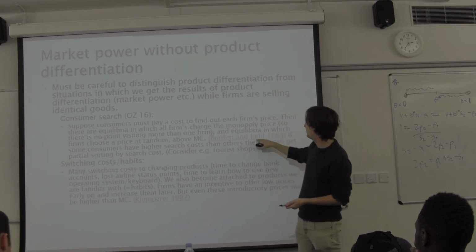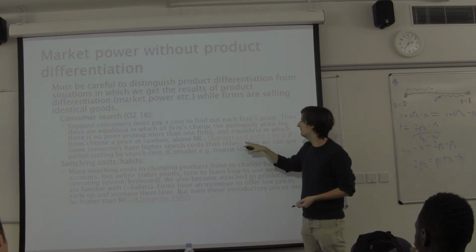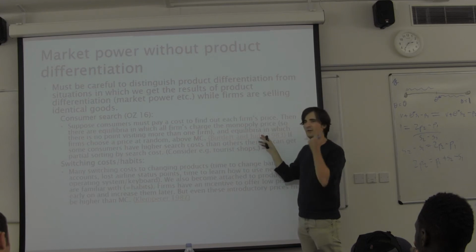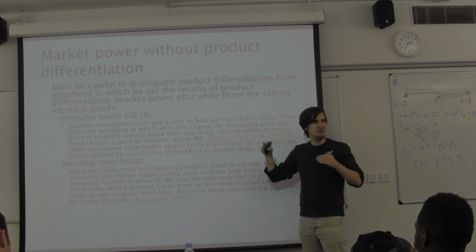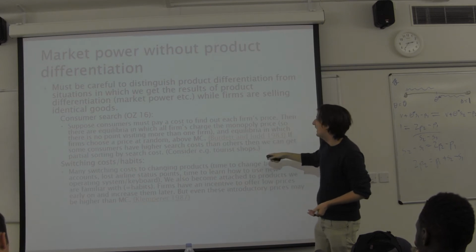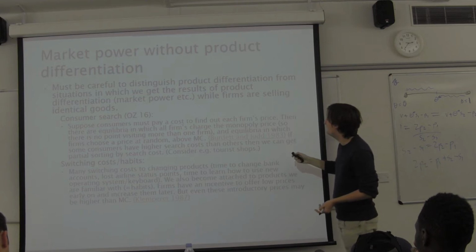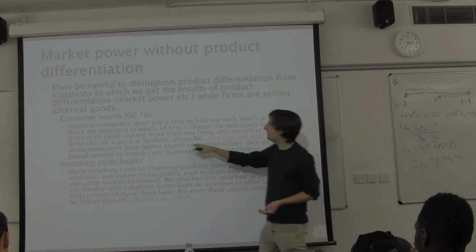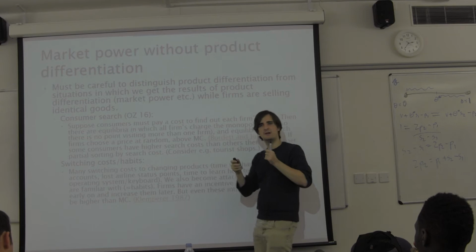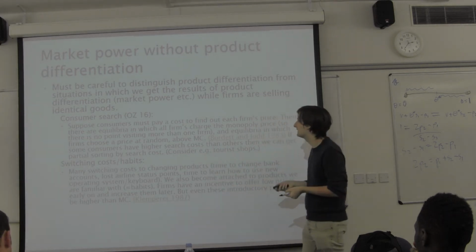And there's an interesting paper. So Judd is one of the most famous contemporary dynamic macroeconomists, and Burdett's also quite famous. And he's got quite an old paper from '83. So he supposes that consumers have to pay some cost to find out the prices that firms in the market are selling at.